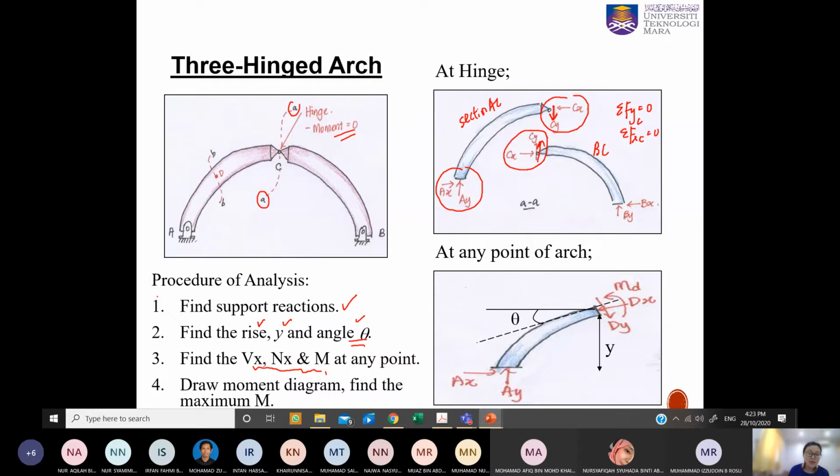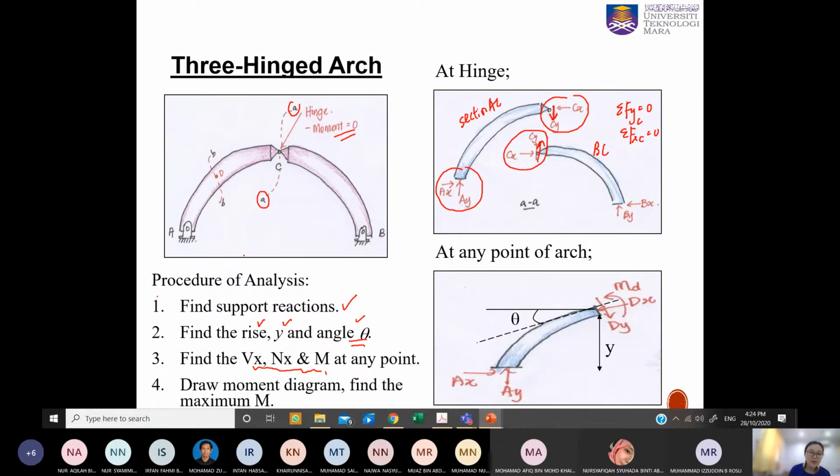Of course, it uses slightly different names like radial shear, because they are talking about a curve, but still it is perpendicular to that cut section for the shear force, and the normal force is running parallel with that particular section, and the bending moment is at that point.